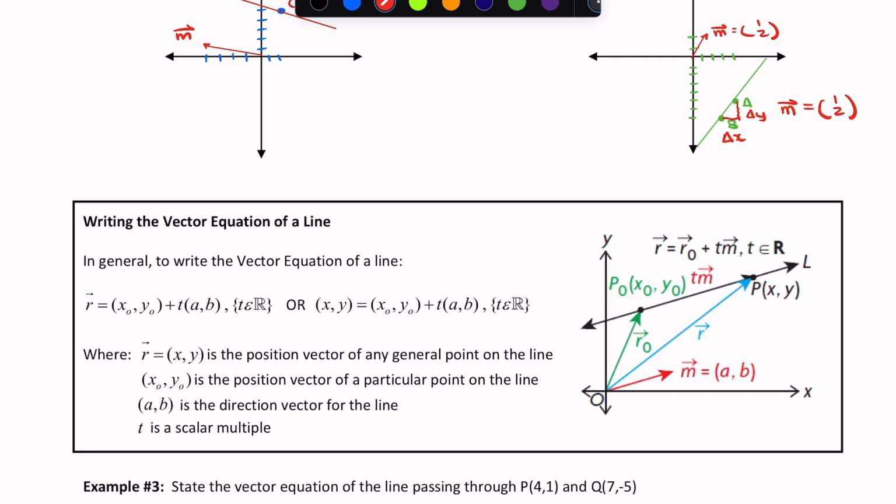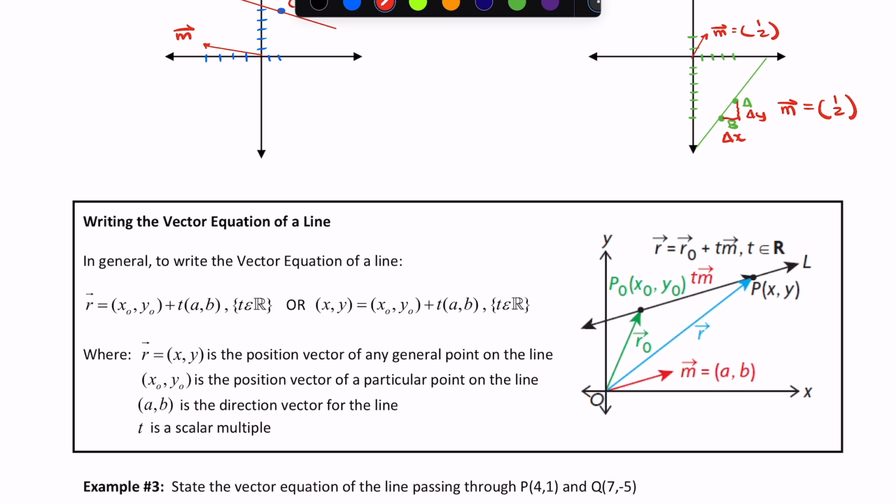Okay, so when writing the vector equation of a line, in general, we have vector r, where (x, y) is the position vector of any general point on the line. And we have (xo, yo), which is the position vector of a particular point on the line.